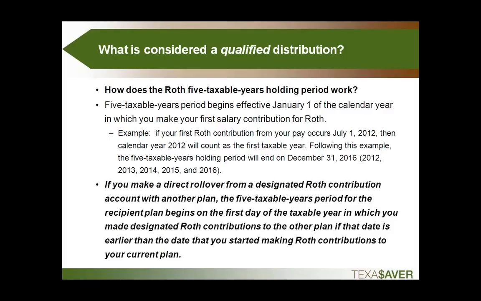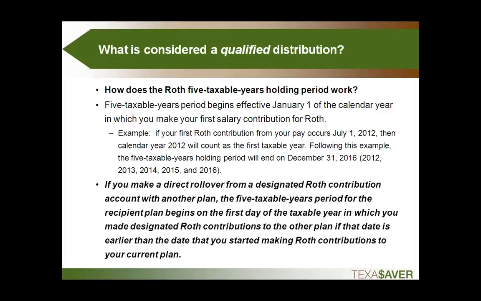So if your first contribution from your pay were to occur on July 1st, 2012, then calendar year 2012 will count as the first taxable year. Using this example, the 5 taxable year holding period will end on December 31st, 2016. You would include 2012, 13, 14, 15, and 16.